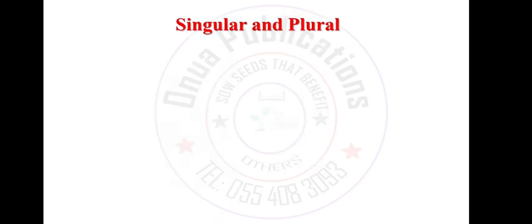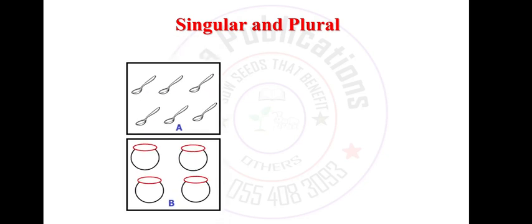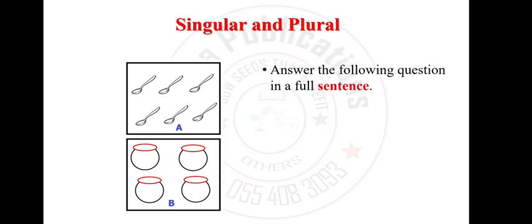Let's move on and see. For this one too, what do you see in A? Box A, then box B. You being a brilliant student and writing your responses in full sentences, your answer is never going to be different from mine.